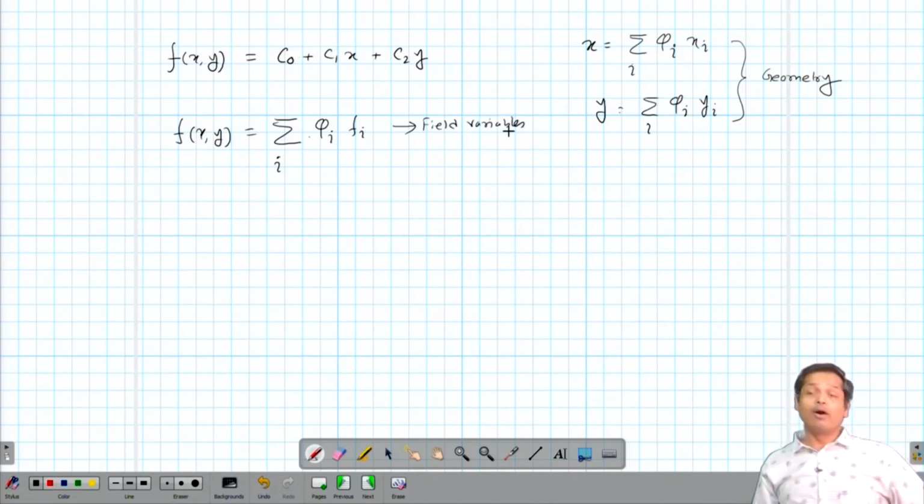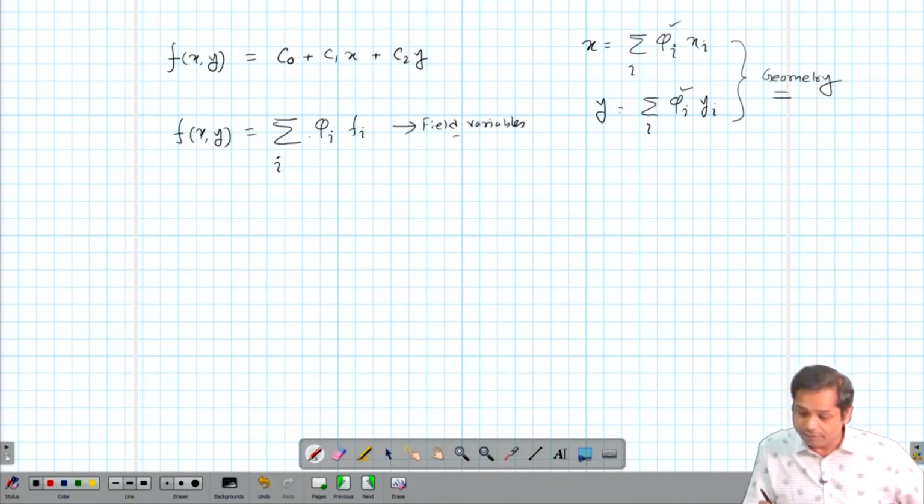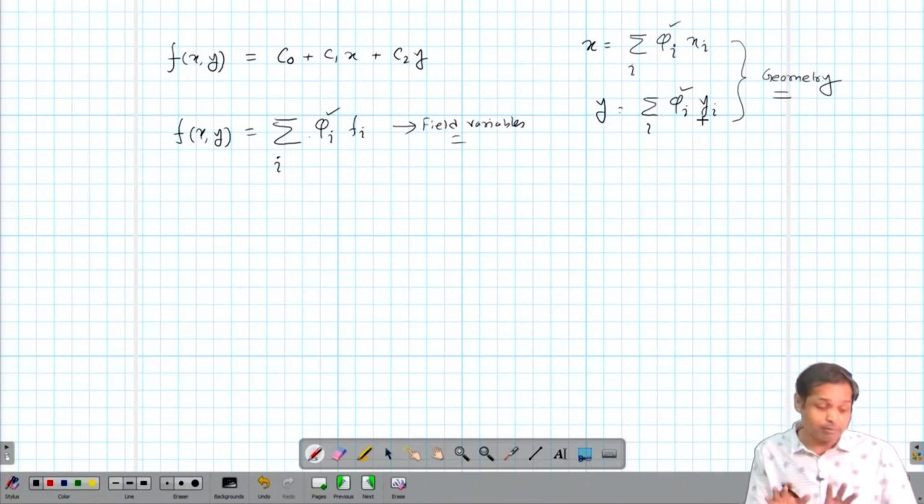Now, isoparametric formulation is this: geometry is approximated through phi and the field variable is also approximated through phi. So, what we want to check is that this additional requirement, that the geometry is also mapped through this phi, should not violate the completeness requirement, the minimum requirement that the linear field is approximated accurately.